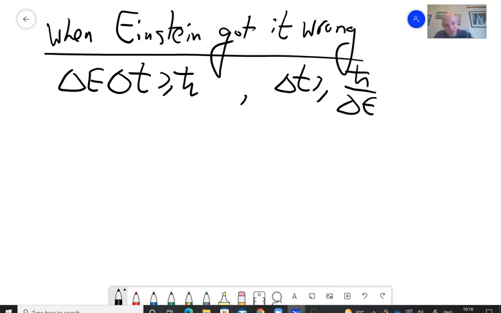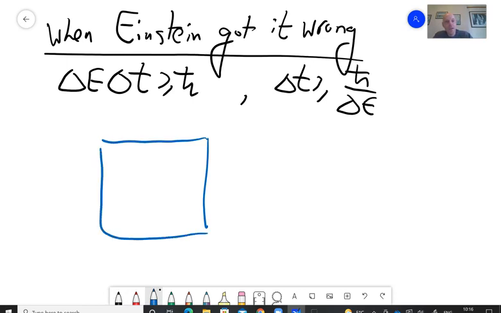So how does it work? What Einstein proposed is as follows. Suppose that you have a box. This is a box. And you hang the box of, let's say, mass m on a spring in such a way that you know the weight of the box. So it's m times g.